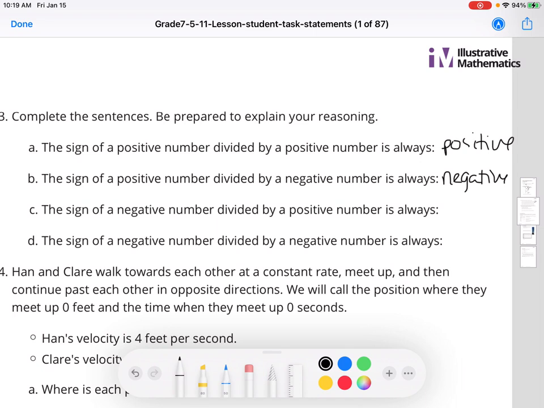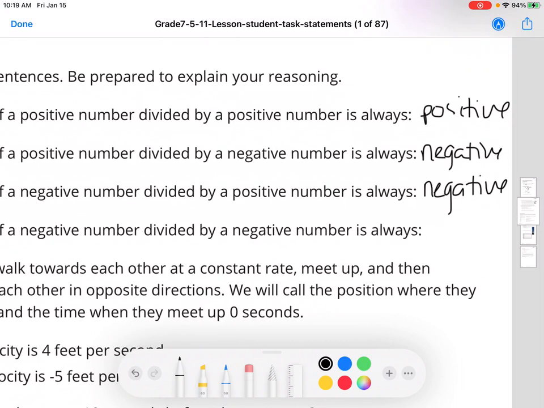C, the sign of a negative number divided by a positive number is always negative. And D, the sign of a negative number divided by a negative number is always positive.